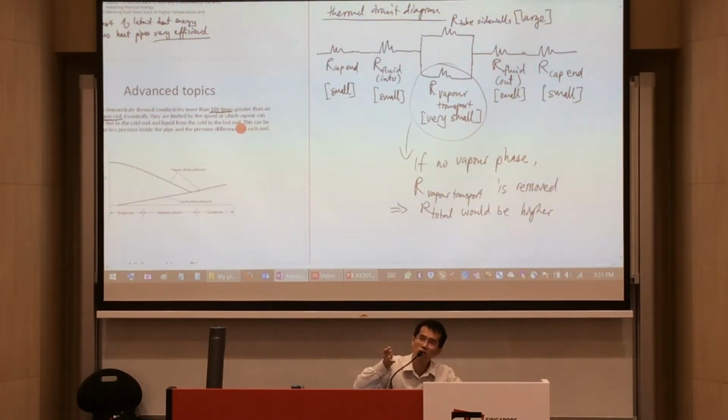If you didn't select the correct working fluid, everything got vaporized and didn't have a chance to condense at all. And if that happens, then your R tube side wall is as good as a copper rod now, making your heat pipe not effective at all. Okay?